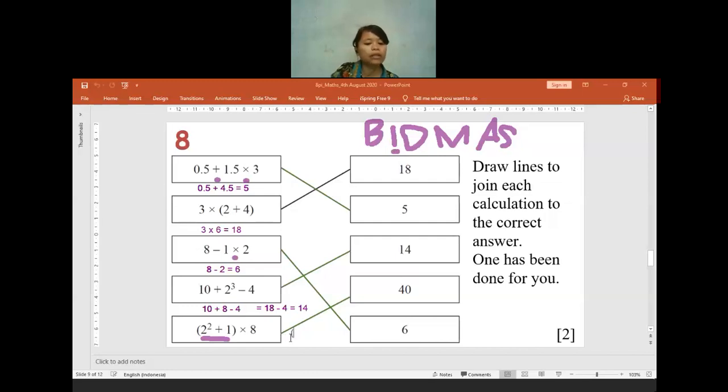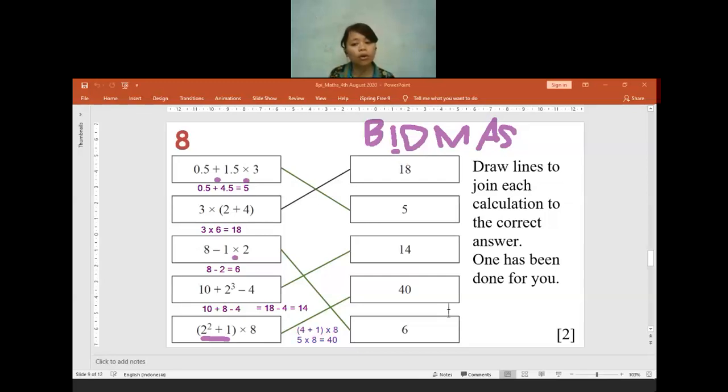So open bracket, 2 to the power of 2, which is equal to 4, plus 1, close bracket, times 8. Now we already have the bracket and also multiplication. BIDMAS, so we have to finish the bracket. We have to finish 4 plus 1 first. 4 plus 1 is equal to 5, and then the 5 we multiply by 8, which is equal to 40.